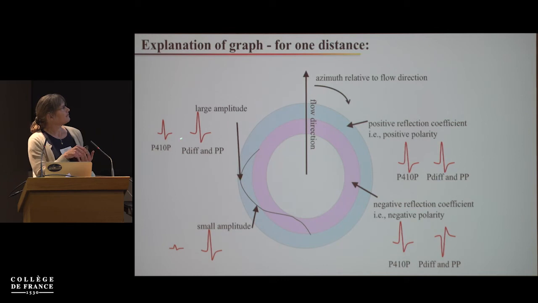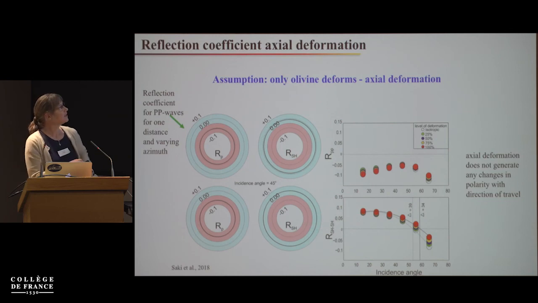Whereas if we're far away, we have a large amplitude of the precursor compared to P-diff and PP. If we're in the blue, then we have the same polarity, and if we're in the pink, then we have an opposite polarity. So they look slightly different, and here is the example.